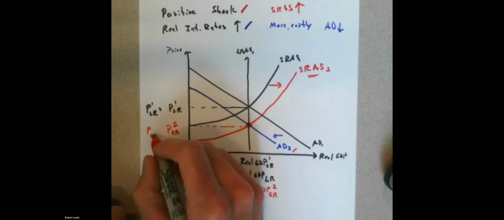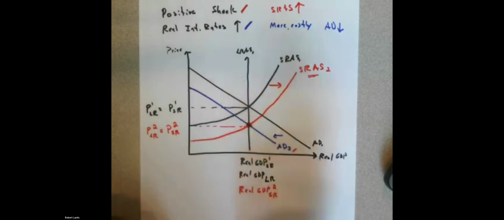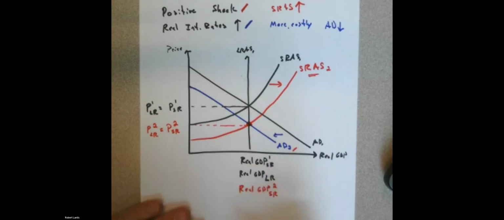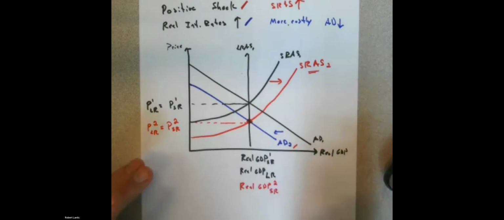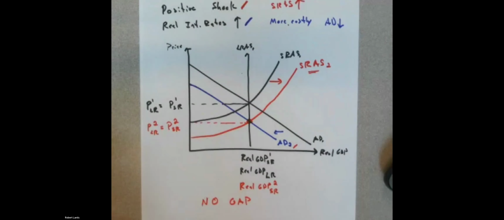So we end up with, if both of these things happen simultaneously, it's going to lower both my short run and long run prices. Whereas before, this relationship of GDP and the relationship of price told me if we had an inflationary or a deflationary gap, here, those are exactly the same. So if these simultaneous changes completely offset each other, we could end up in a scenario where we have no inflationary or no deflationary or recessionary gap, right?